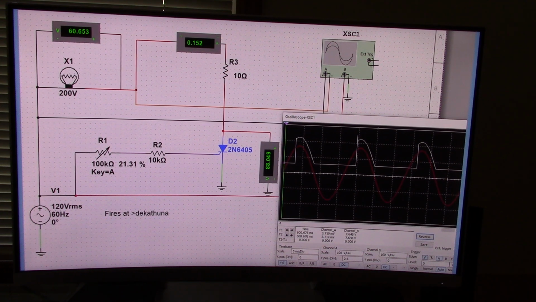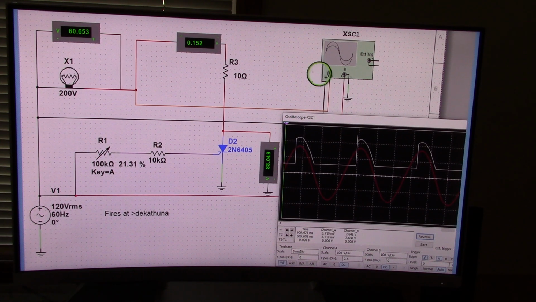So here's a circuit that we are going to build something like this a little later. You'll notice that here's the input to this oscilloscope. I'm measuring across from here and here.